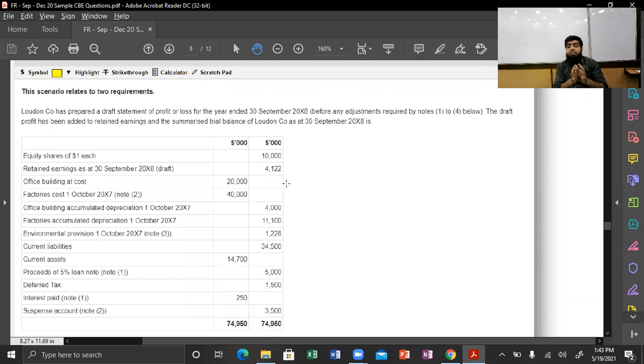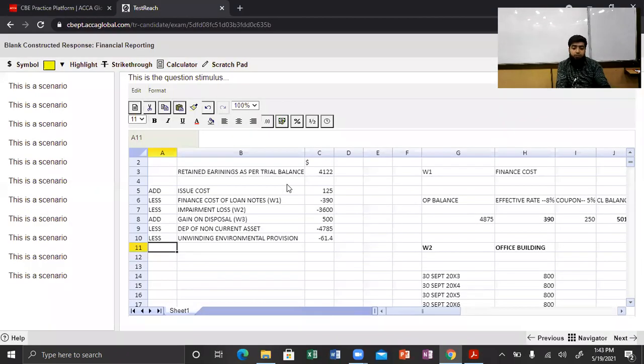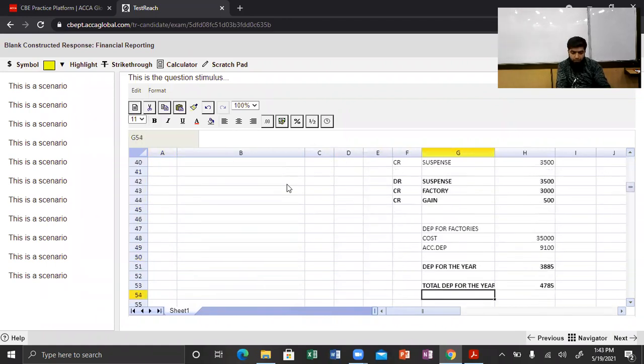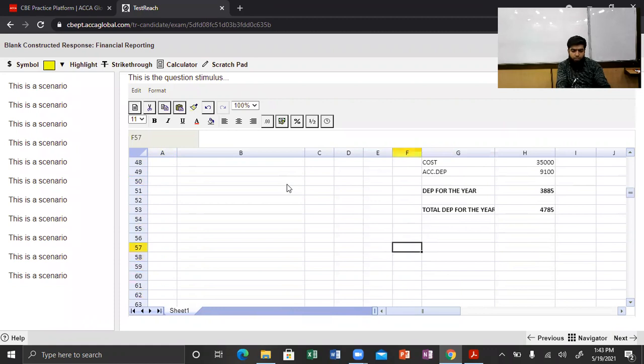Basically, the tax base is given for all non-current assets, and we have two non-current assets, that is the office building and the factories. So it means we need to calculate the carrying amount of both the non-current assets. We have already worked out each and everything, so we just need to compile all the data.